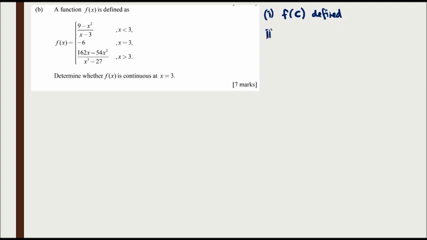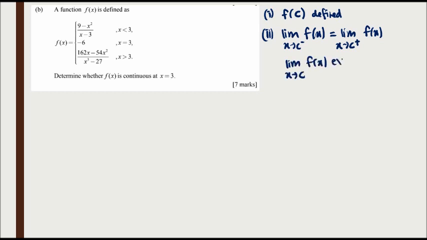The second one: the limit of f(x) as x approaches c from the left must be equal to the limit as x approaches c from the right, so that the limit of f(x) as x approaches c exists.